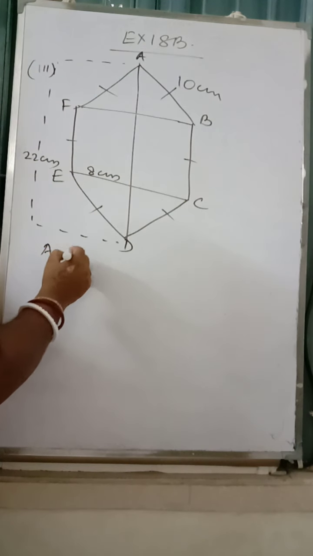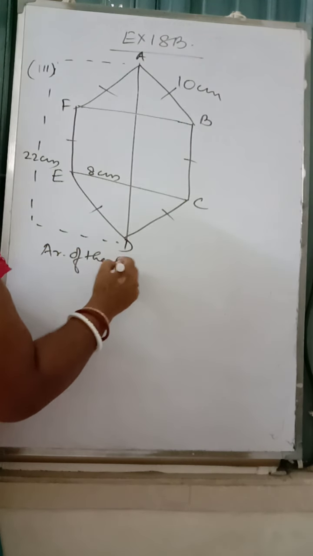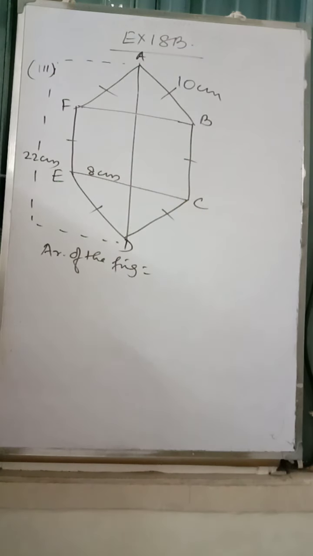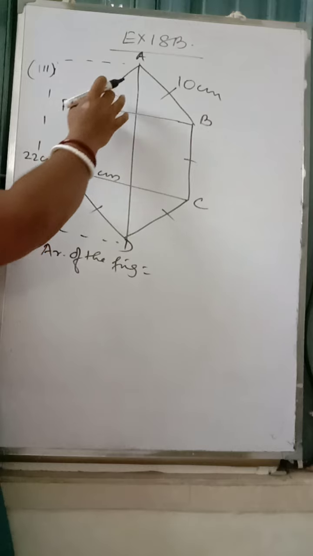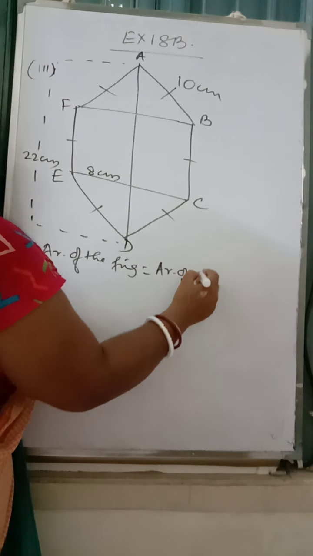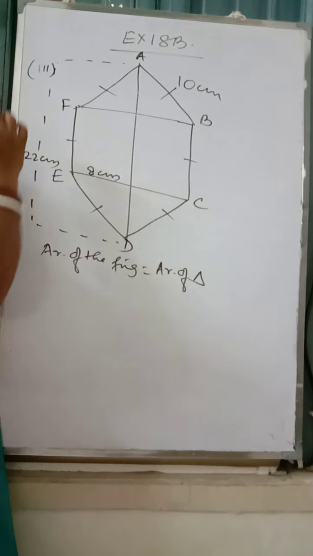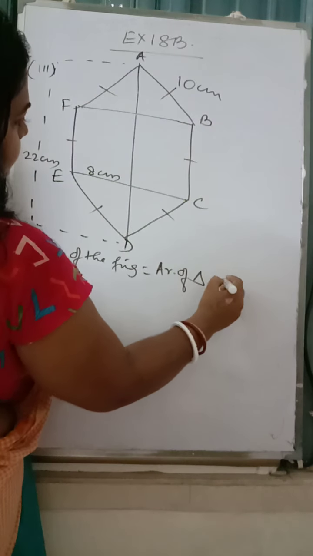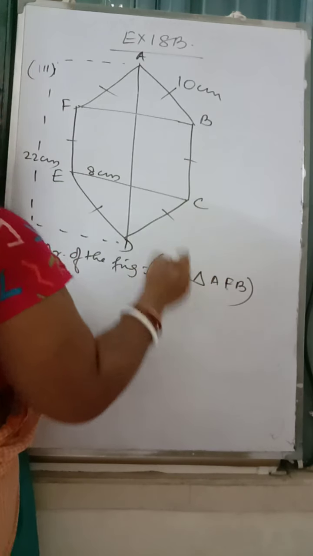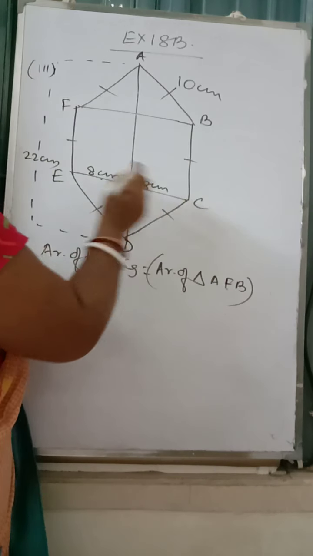The area of the figure would be the area of triangle AFB. If this is 8 centimeter, this is also 8 centimeter.